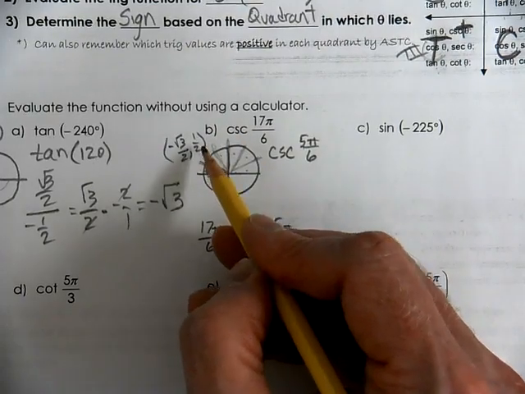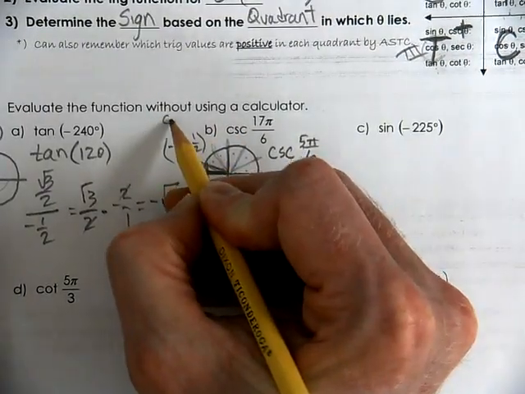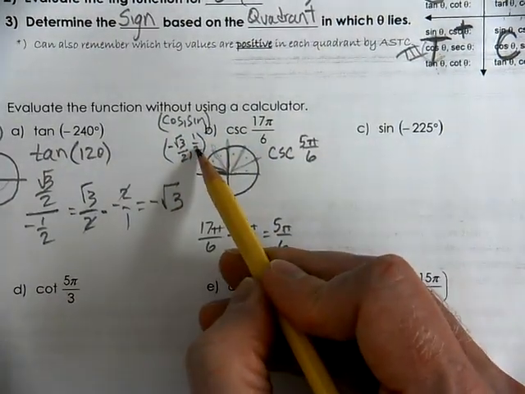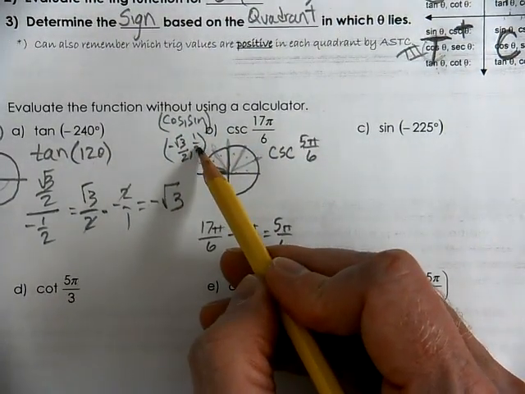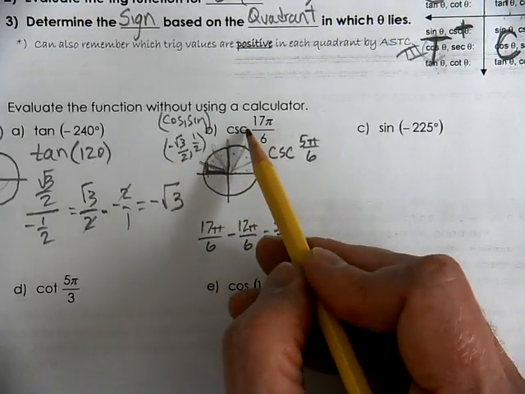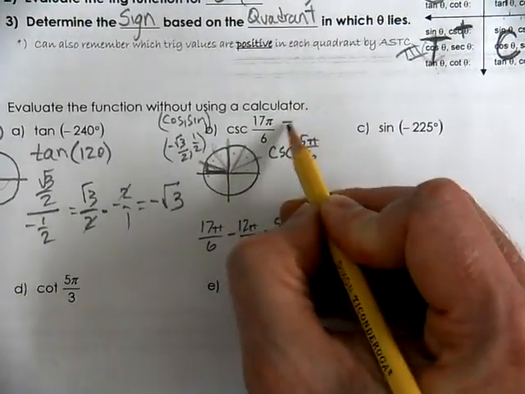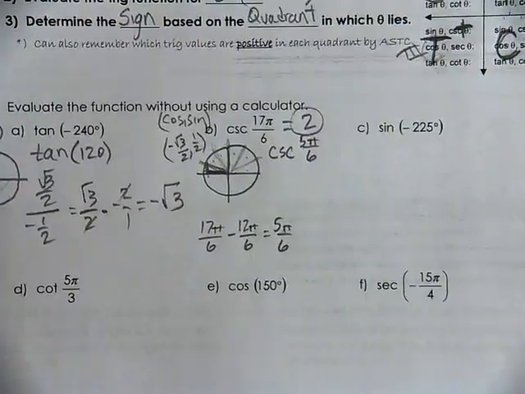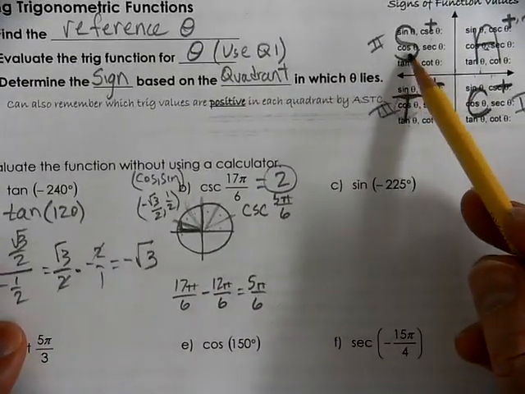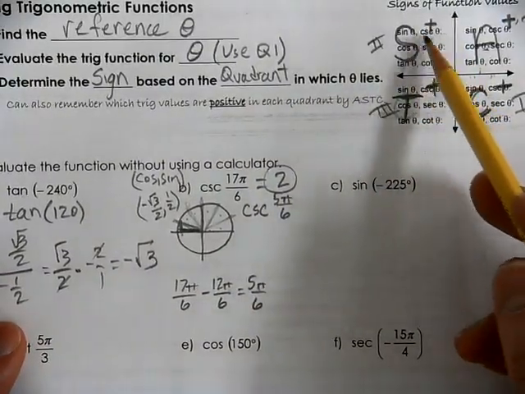Now sine, remember we always do this cosine, sine for reasons we've learned before. So we're talking about a half. So we're going to do the reciprocal of the sine, that makes the cosecant, and we get positive 2 because it's positive because it's going up. That's what sine would be, and its reciprocal.